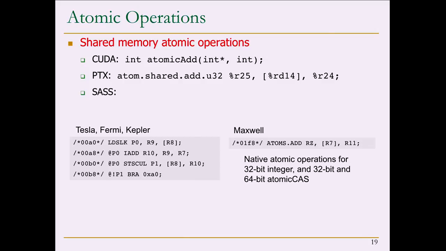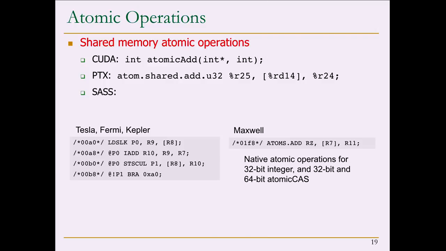And after storing, this thread unlocks the corresponding memory position. You can assume that this P1 contains the same value as P0. So this means that the threads that didn't execute the addition and the store operation will take the branch. So you see here, it is really clear that there is a serialization every time we have conflicts, every time we have different threads trying to update the same memory locations.